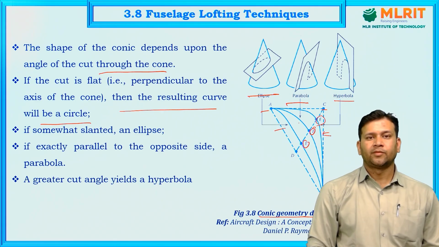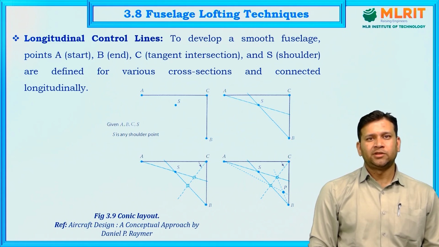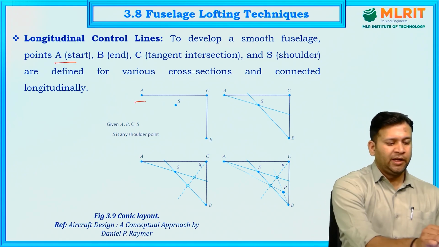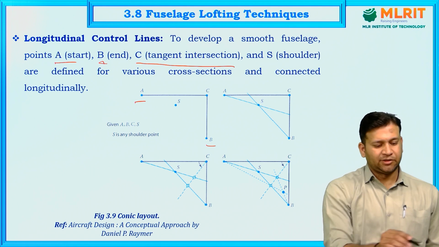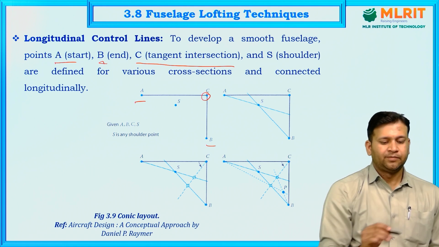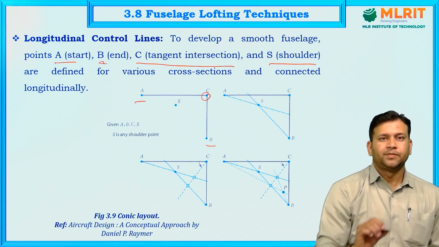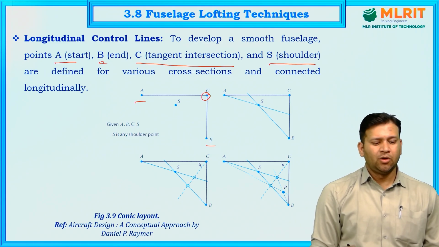Longitudinal control lines. To develop smooth fuselage points, A is the start point, B is the end point, and C is the tangent intersection here, and S is the shoulder point. These are defined for various cross sections and connected longitudinally.